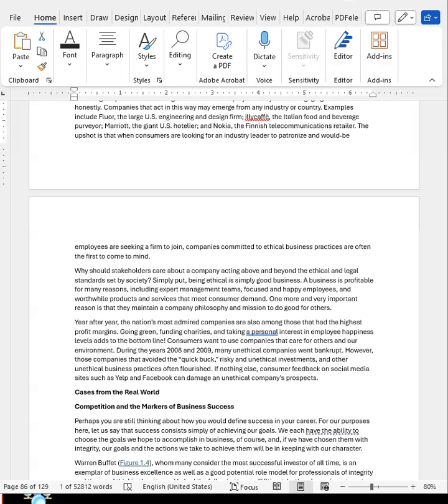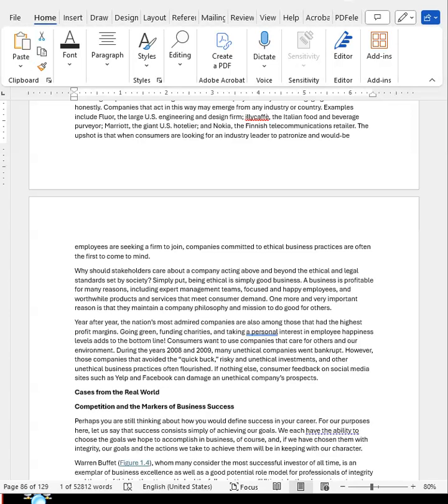One more and very important reason is that they maintain a company philosophy and mission to do good for others. Year after year, the nation's most admired companies are also among those that have the highest profit margins. Going green, funding charities, and taking a personal interest in employee happiness levels adds to the bottom line. Consumers want to use companies that care for others and our environment.